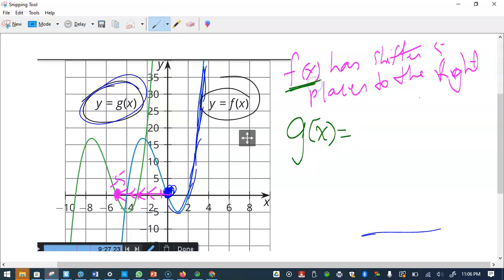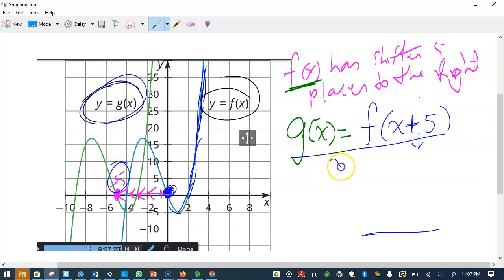It was the original f graph, the blue graph, but this one has shifted to the left. So what I have to do is put +5 in the input, see? And you can see whether this is really true. What does this mean? You are putting +5. You want to make sure this is really right. There's a -5 here. Let's put x equals -5 and see what happens. So if you put g of -5, you put f of -5 plus 5.